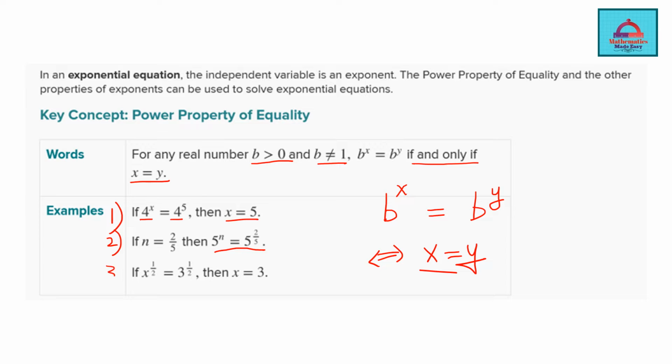So both ways it is true. Another example, if x to the power 1 by 2 is equal to 3 to the power 1 by 2, you see the powers are equal, then the bases are also equal, so x will be 3. So this is an application of the power property of equality. Let's now use it for solving questions.